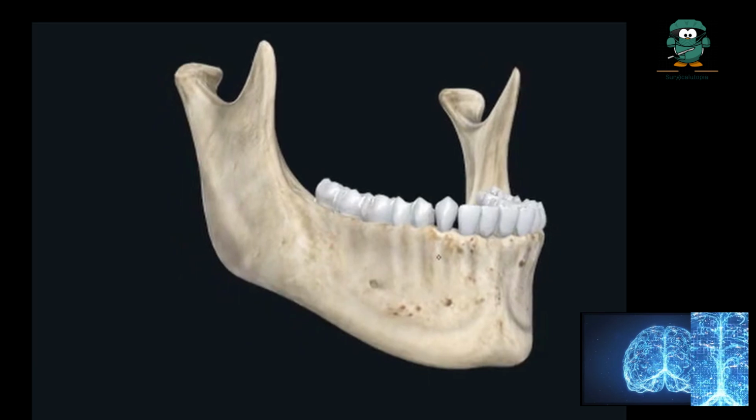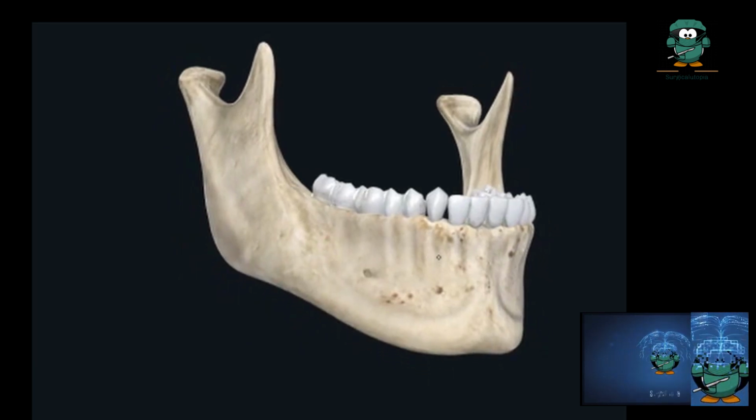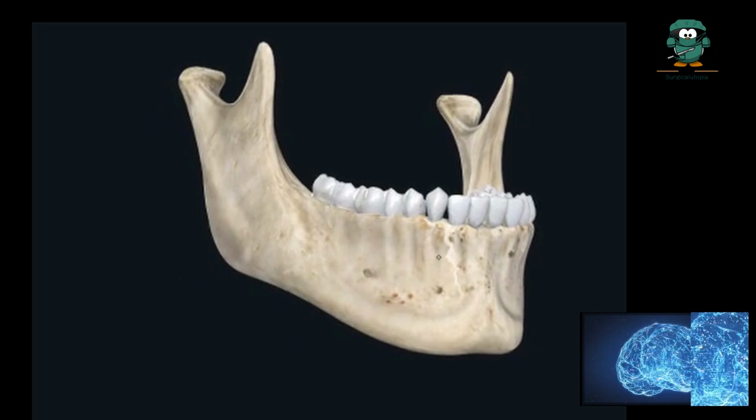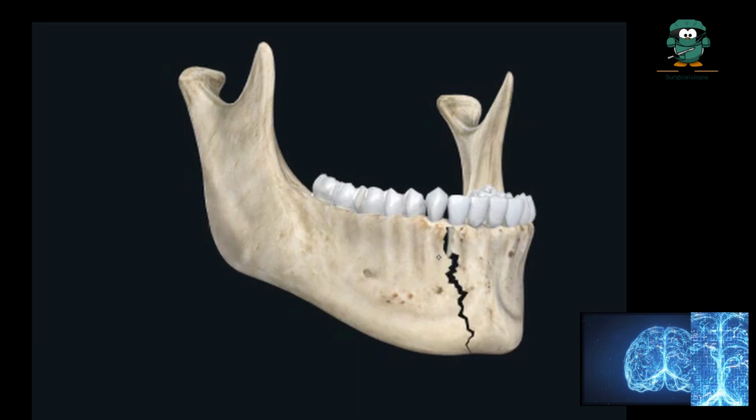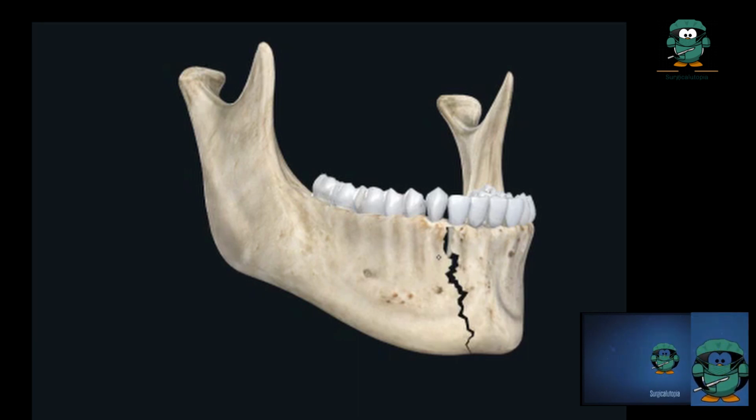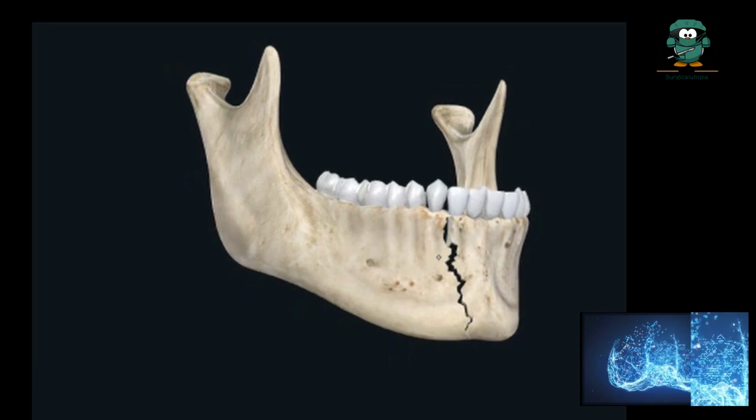Next is the parasymphysis fracture. The parasymphysis fracture passes from medial to the canine region over here. So this is the parasymphysis fracture of the right side.